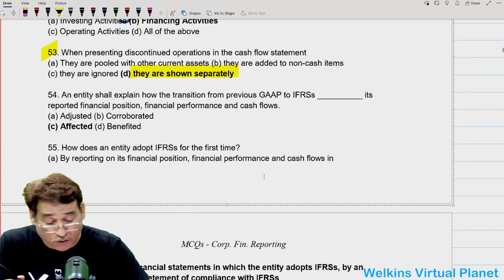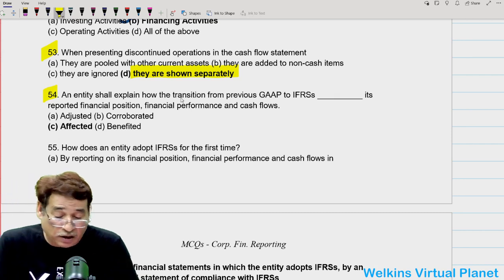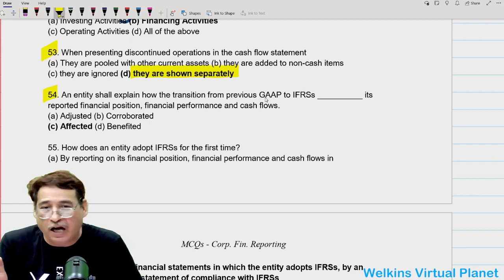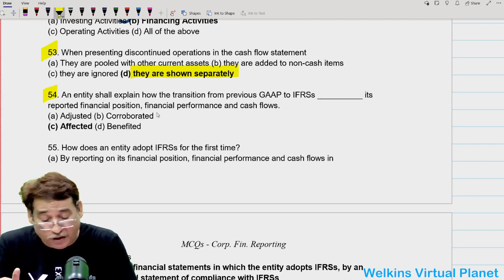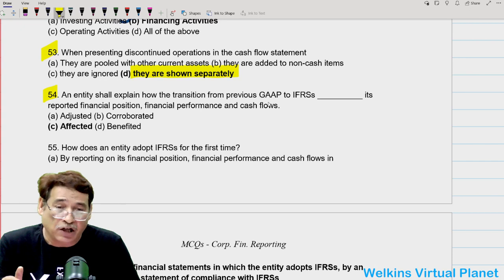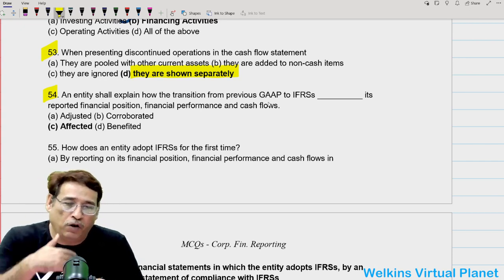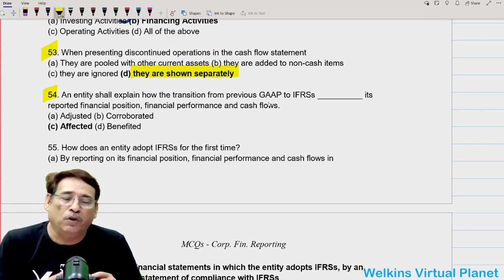And question 54 is an interesting one. If you have gone through your Ind-AS 1, then you should be able to give the answer. An entity shall explain how the transition from previous GAAP to Ind-AS or International Financial Reporting Standards has affected its reported financial position, financial performance, and cash flow. What is the theme of this question? Earlier you were presenting your financial statements through your previous GAAP.